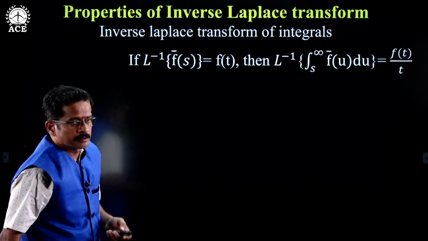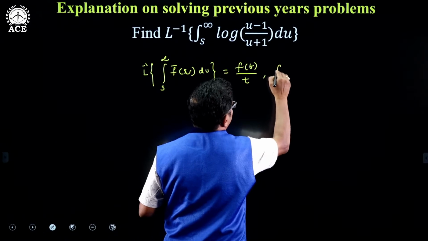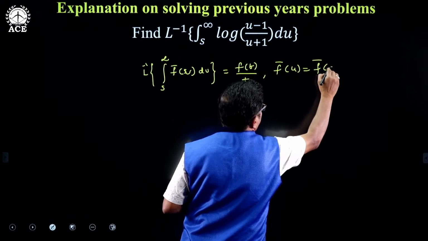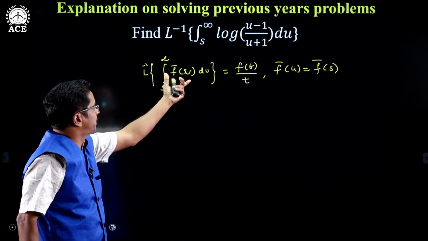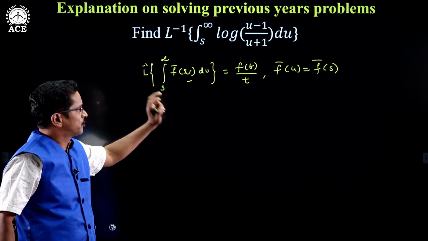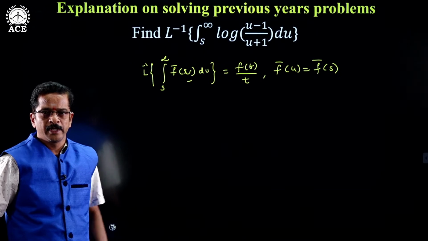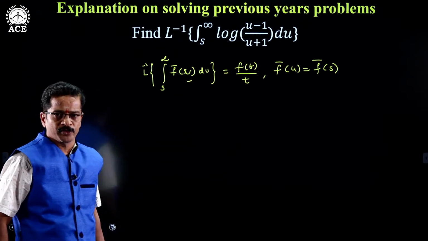Here I am taking f bar of u as f bar of s, because the integration is over s to infinity, and if I write f bar of s, it looks odd. So for convenience, in the place of f bar of s, we are writing f bar of u.